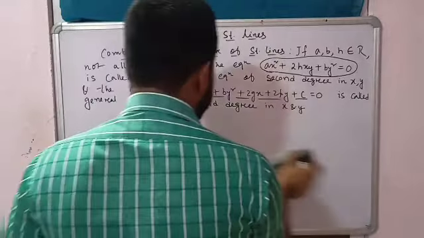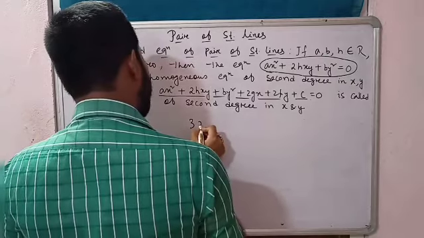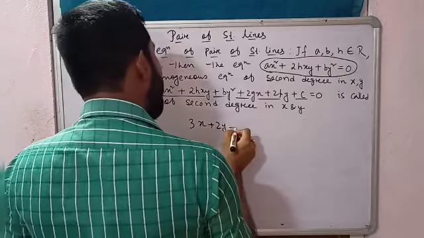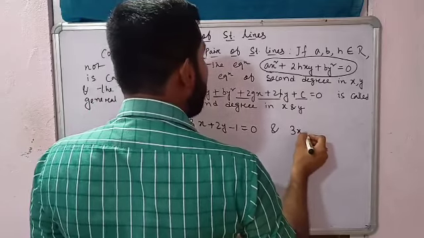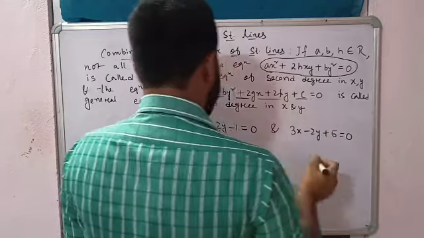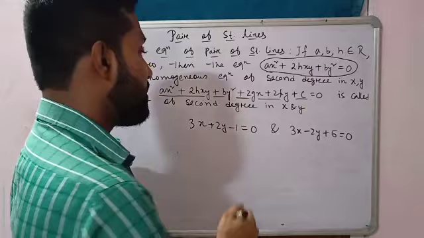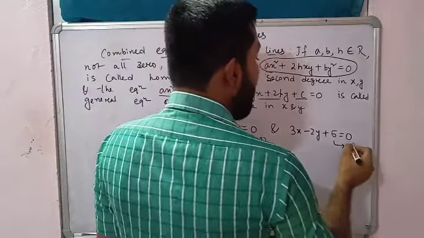Suppose the two equations are say 3x plus 2y minus 1 equal to 0 and 3x minus 2y plus 5 equal to 0. Let us consider two linear equations. Okay, this is say equation number 1 and this one is say equation number 2.